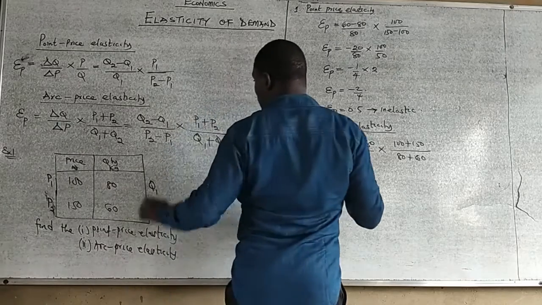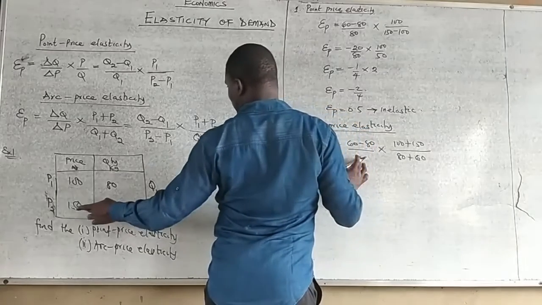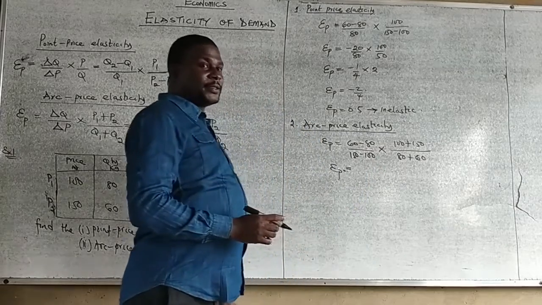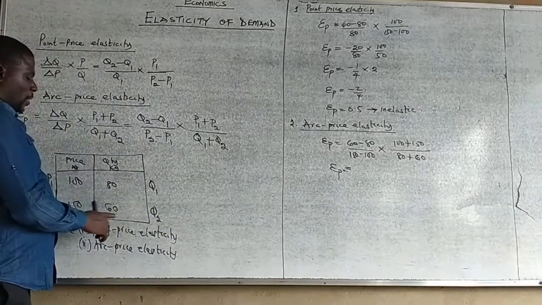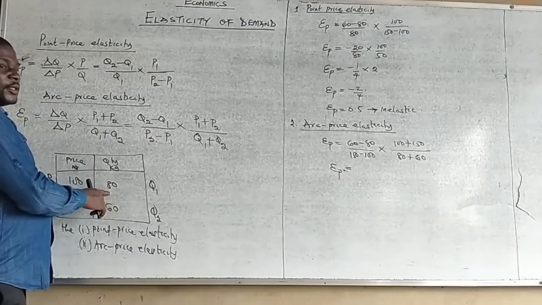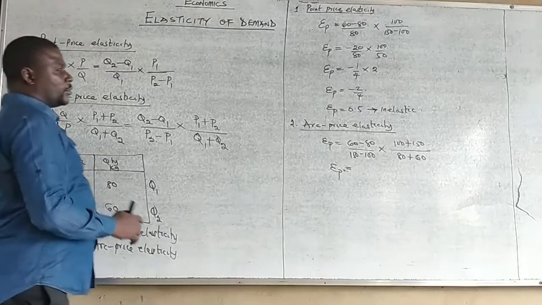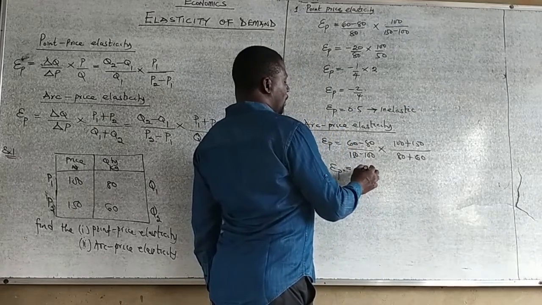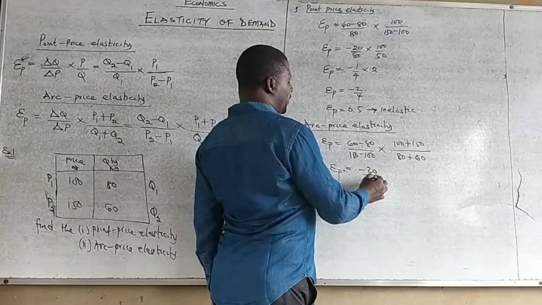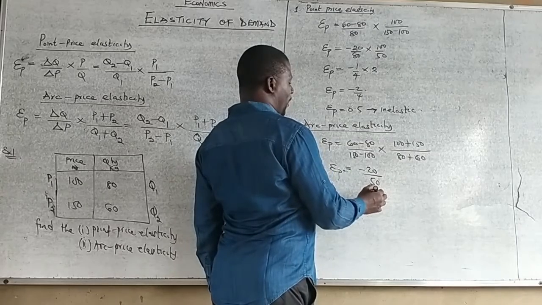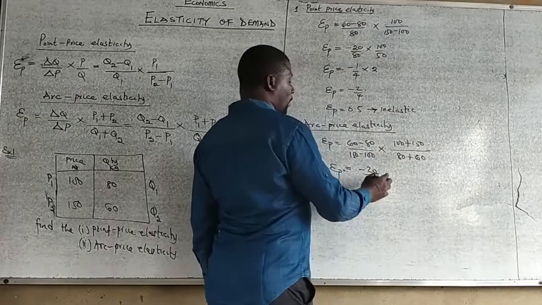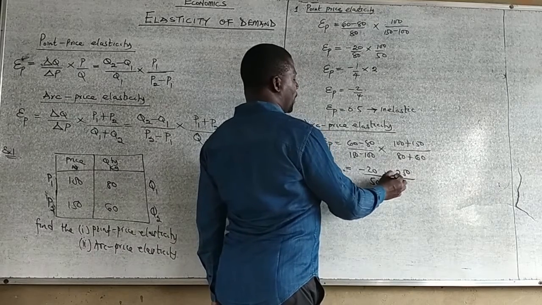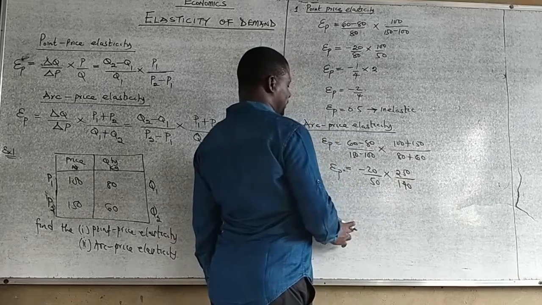Sorry, this one is P2 minus P1, that's 150 minus 100. Do you understand? Q2 minus Q1, 60 minus 80, over 150 minus 100. So this one will give me minus 20 over 50, right? Yes. So times 250 over 140. Am I right?